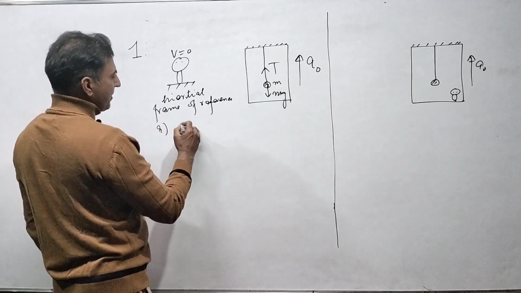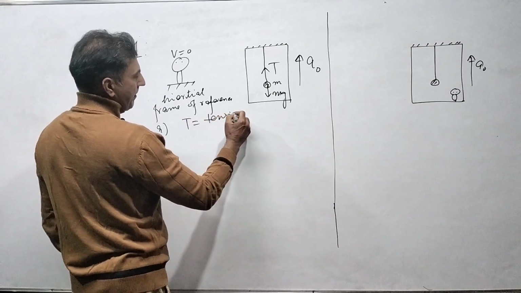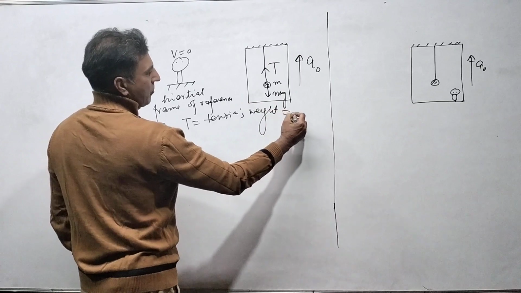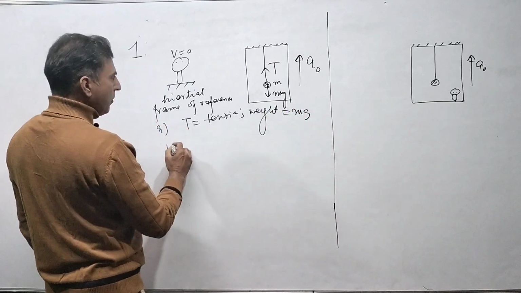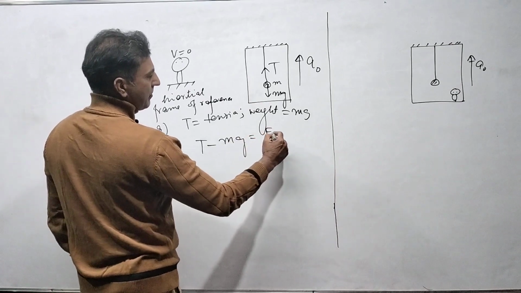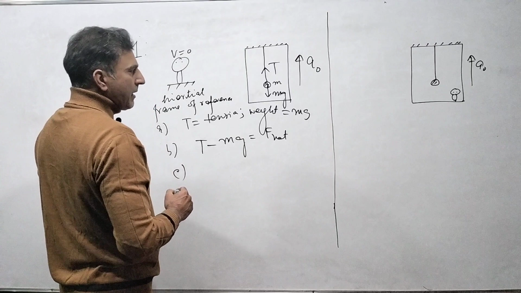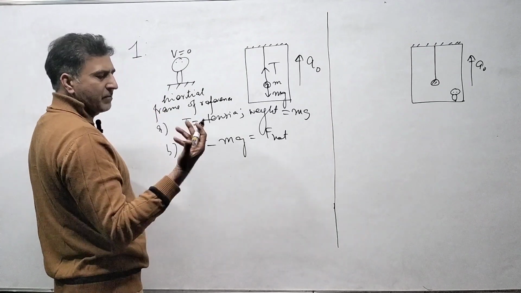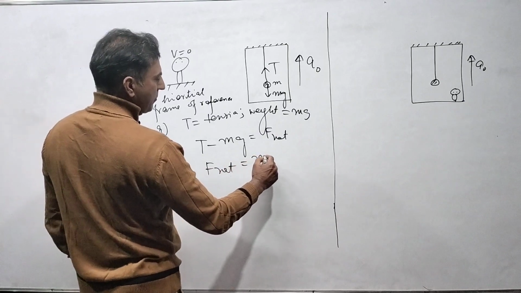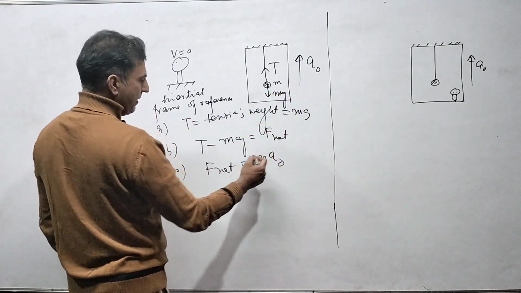So what are the forces for him? The forces are tension and weight, equal to mg. What is the net force? That is T minus mg. According to Newton's second law applied to objects of constant mass, F net is equal to mass times acceleration. Here the acceleration of this bob is a0.